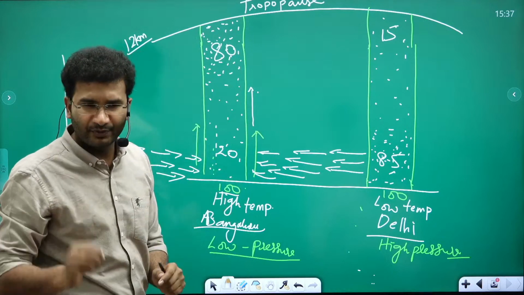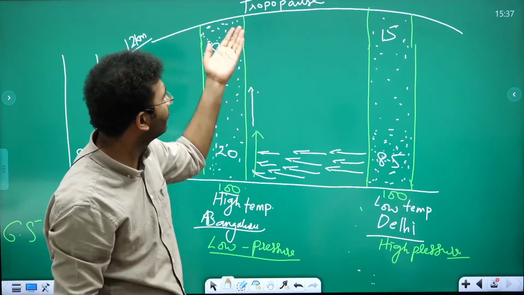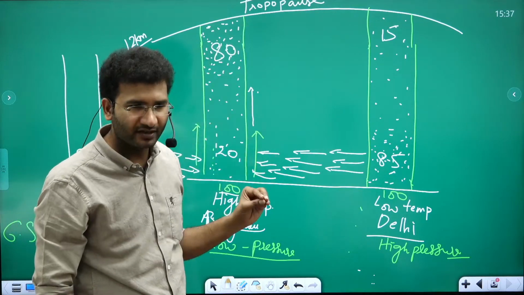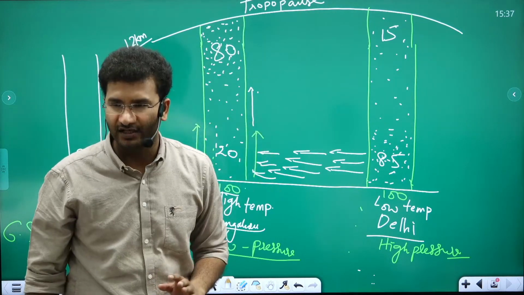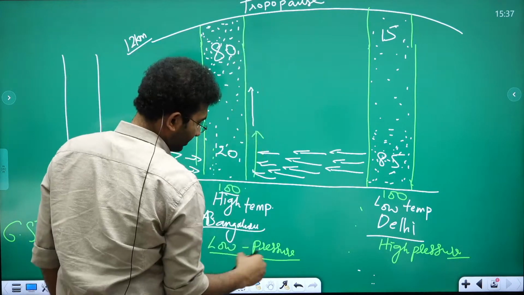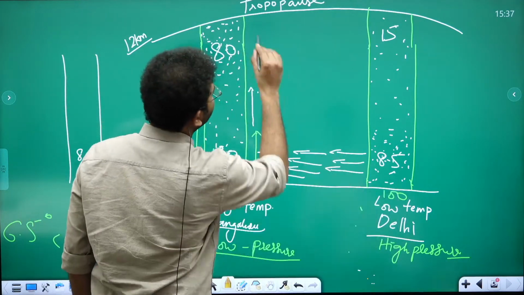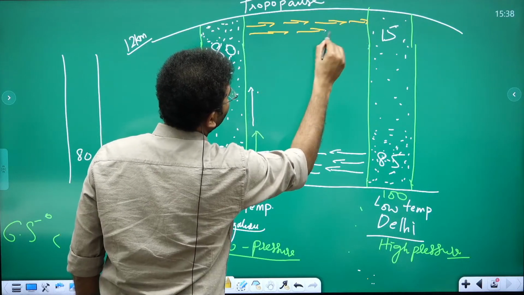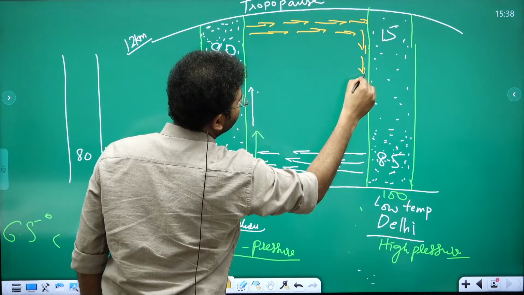The temperature is always low at the tropopause. Okay, temperature is low at the tropopause anyway. If you apply that logic, you will fail to understand these concepts. Now see, here the wind will start to move in this direction. And then it sinks.